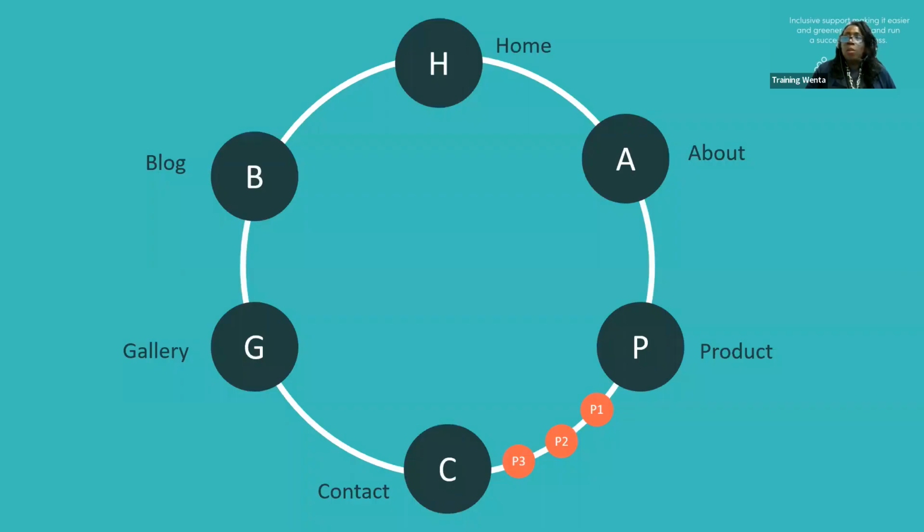So let's have a look at some of the pages that you can potentially work with. Now, if you're offering services, then you can have your homepage, your about us, and this would say service if you're offering services. If it's products, then you're going to have different types of products.